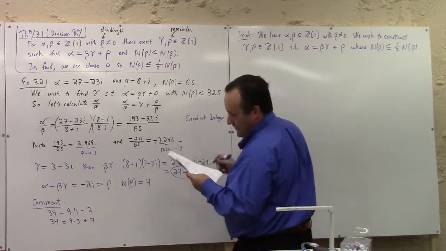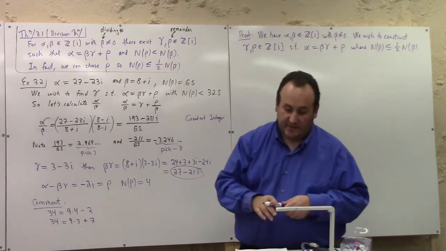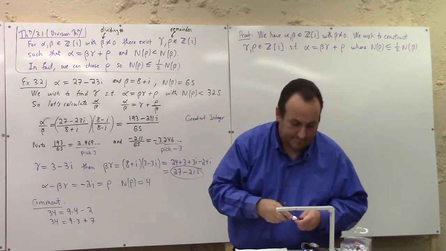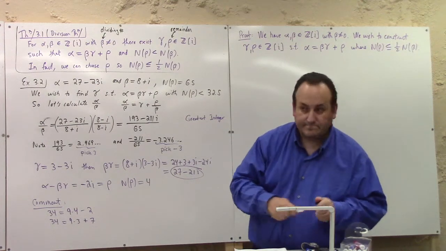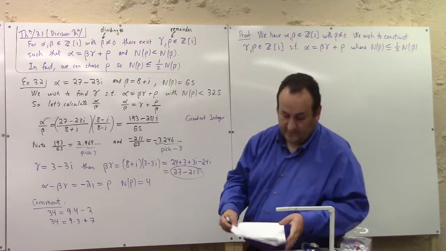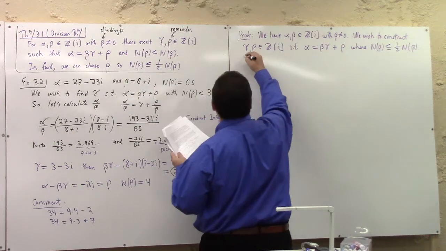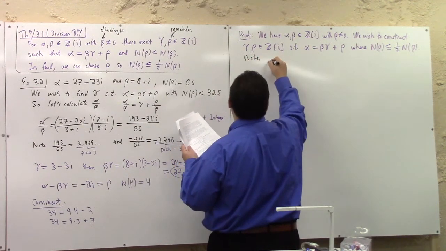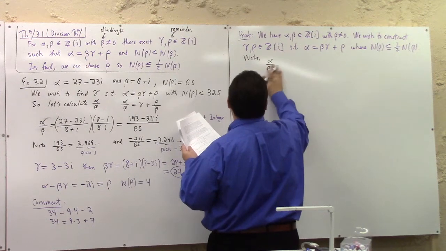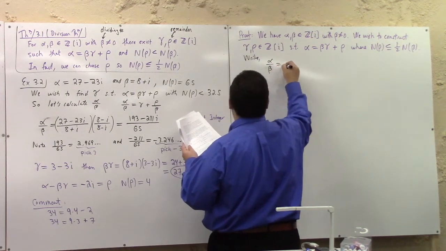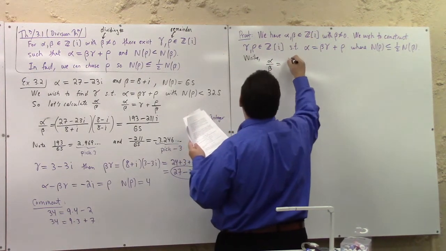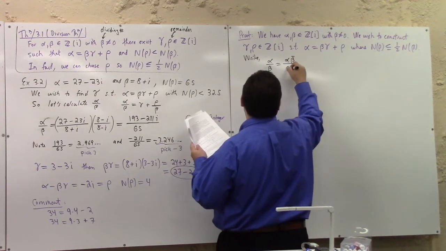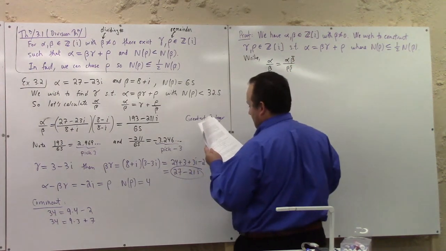So starting, it's actually going to mirror the calculation that we just did in the example. I really like this proof. It says write alpha over beta as alpha beta bar over beta beta bar, right?